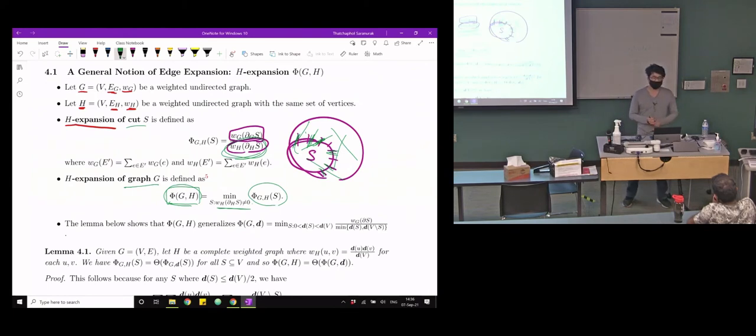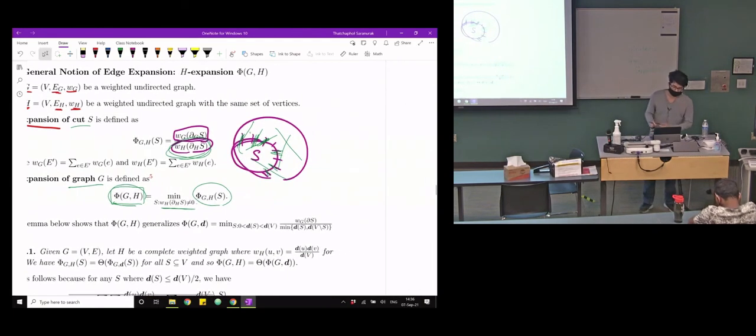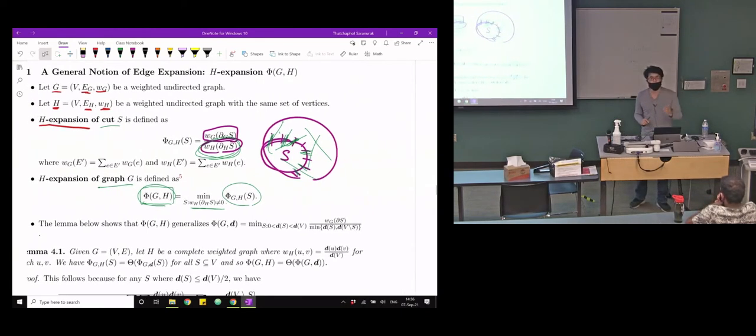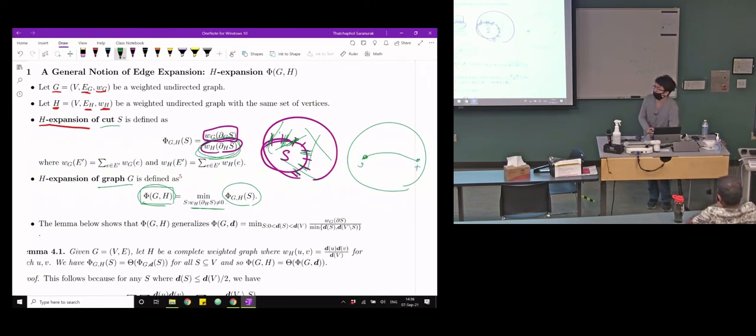No connection. So for example, again, suppose that H has one edge, right? From S to T. Then what would the H expansion be? Suppose that H, the green graph, has just one edge from S to T. Then what is the H expansion of a graph?